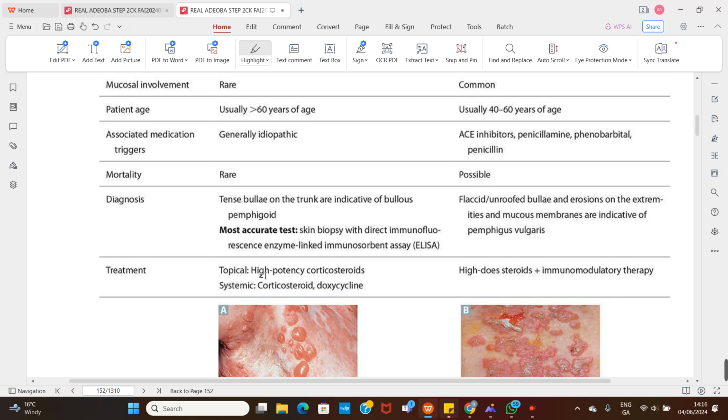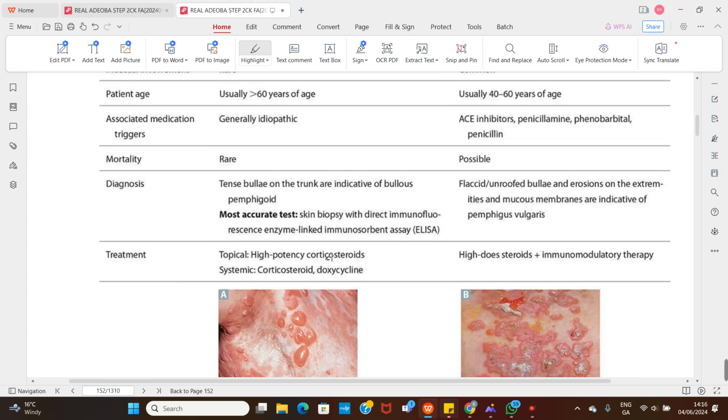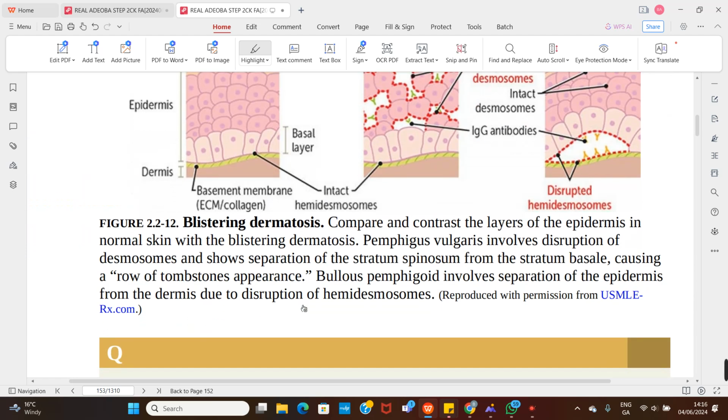But that's that about pemphigus vulgaris. Why for your bullous pemphigoid, you can start with your topical high potency corticosteroids. Then if that doesn't work, you can try your systemic corticosteroid and also doxycycline. Doxycycline has also been shown to be effective in treating people with bullous pemphigoid.